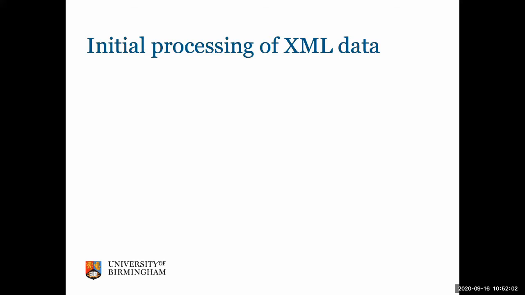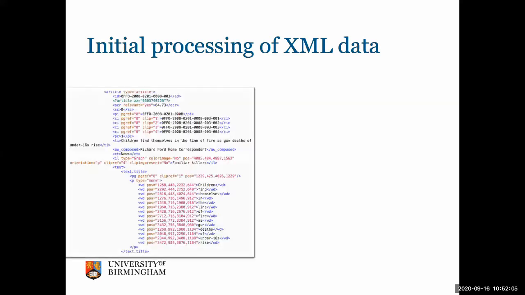Just to illustrate the processing, here's an extract of an original file as found on the hard drive. As you can see, there are a lot of XML tags in there, and they contain lots of metadata that, for example, identify the article. This is just an extract; there's more for the issue itself and so on.